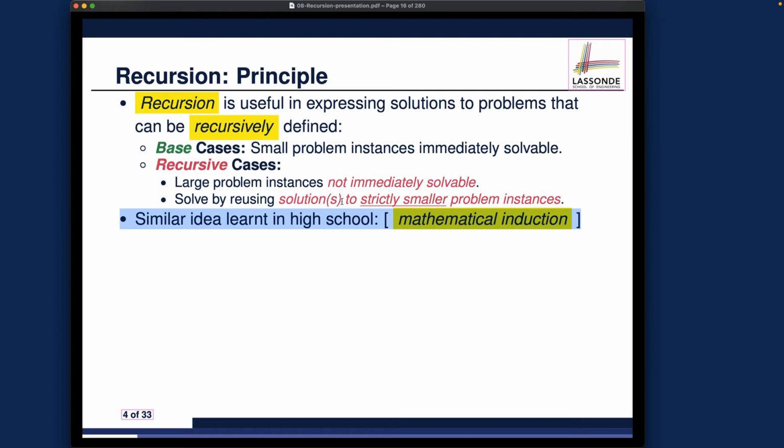That will be the idea that we're going to use for recursion as well. Anyway, I'll leave the connection between recursion and mathematical induction to you to explore beyond this course. If you want to get more insight, you can also reach out to me, and we can discuss. Let's now talk visually about how we can solve recursion in general.